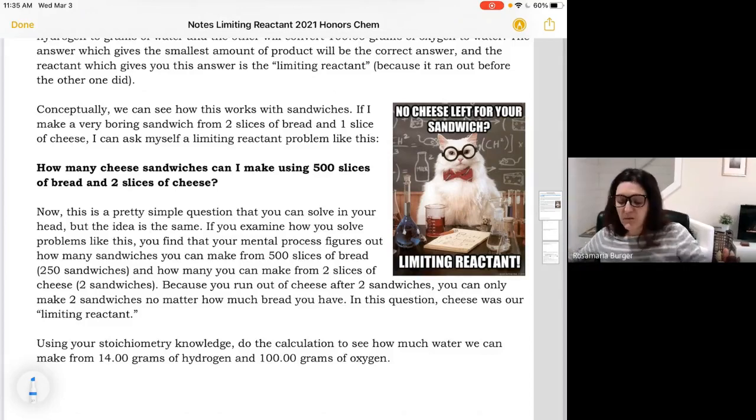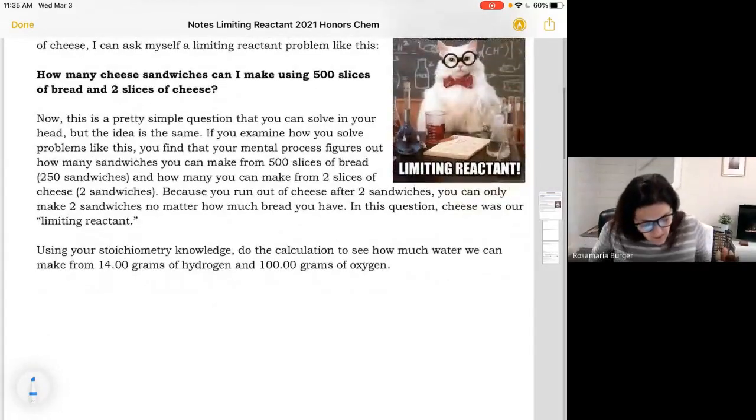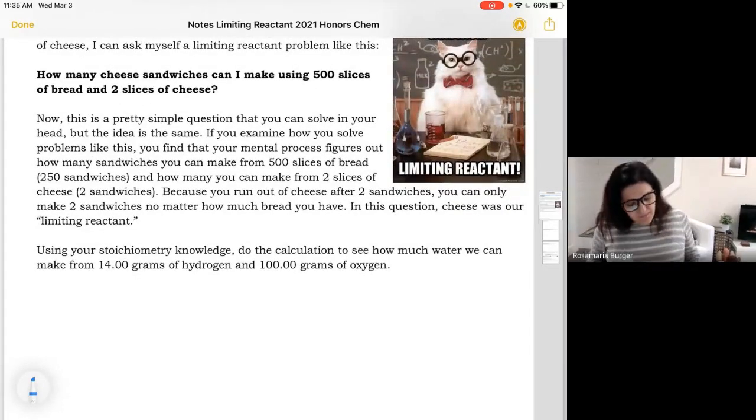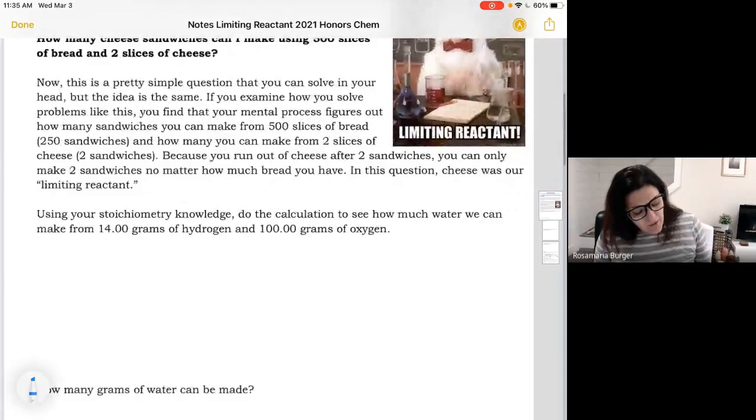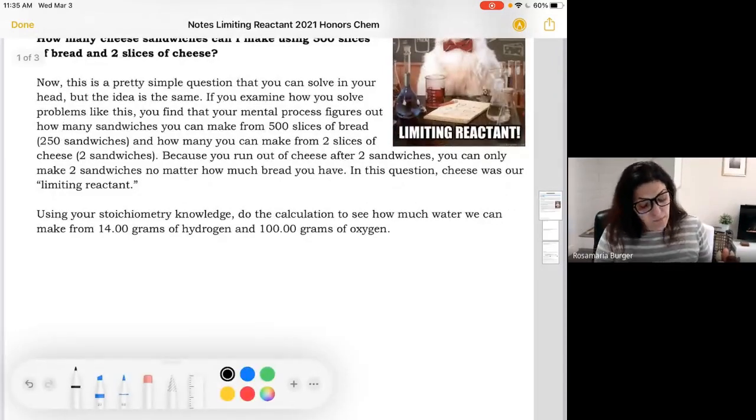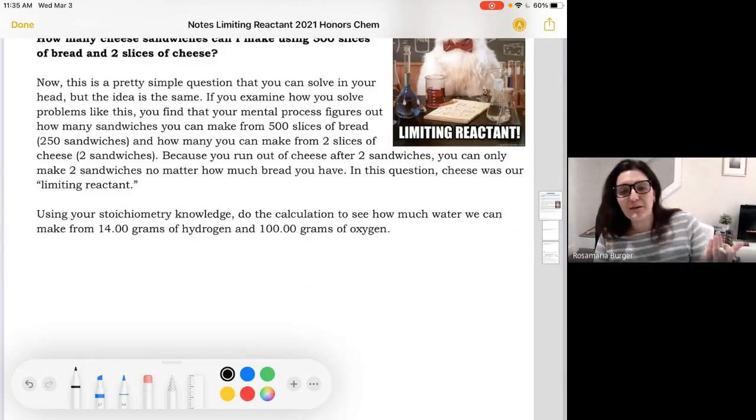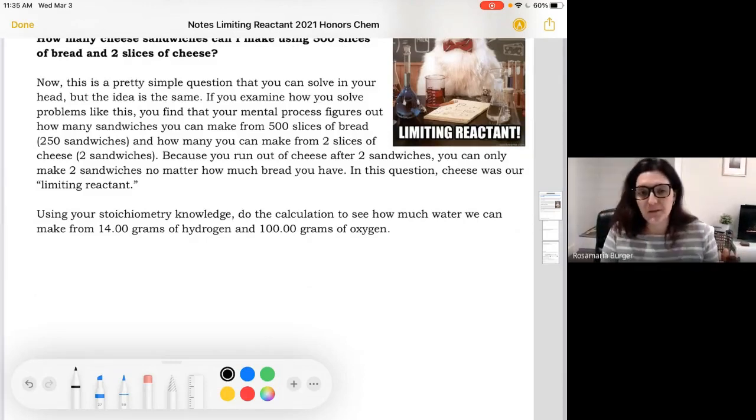Just because something was a limiting reactant in one problem doesn't mean it's always going to be a limiting reactant. So let's do an example using the hydrogen and oxygen one from above. Remember, the way we're going to solve these, and no, there isn't an easier way, you can't just look at it and say, oh, there's less hydrogen, so hydrogen is the limiting reactant.